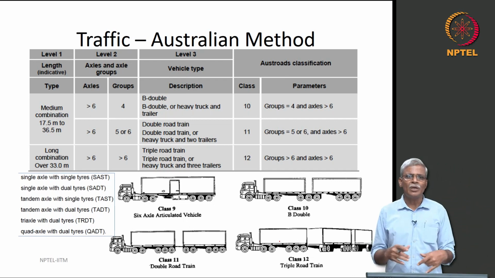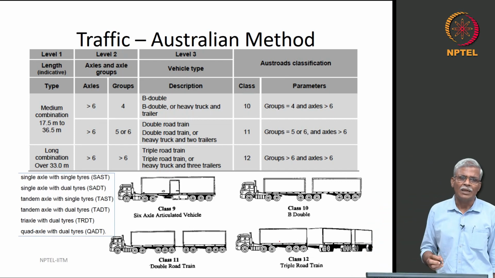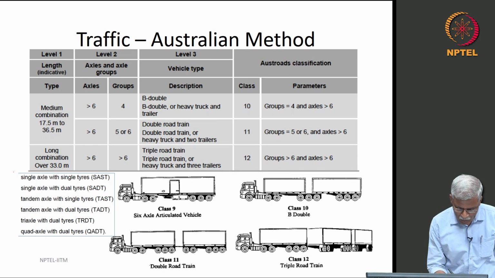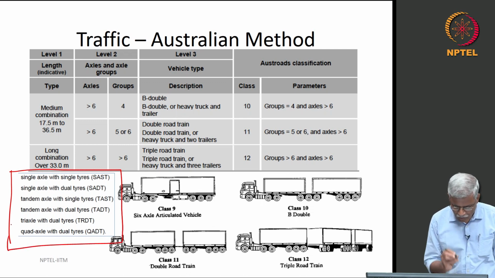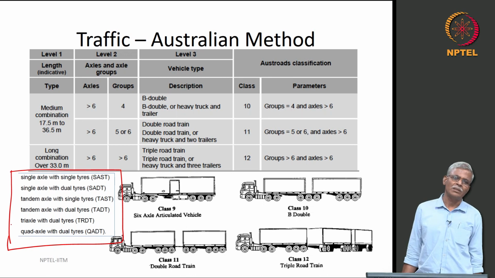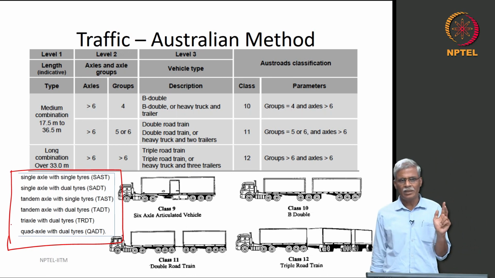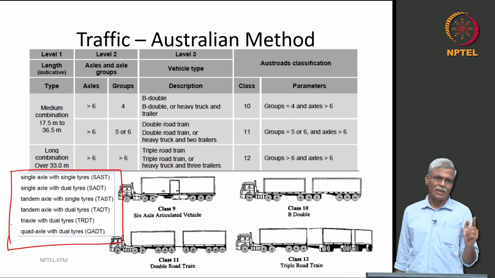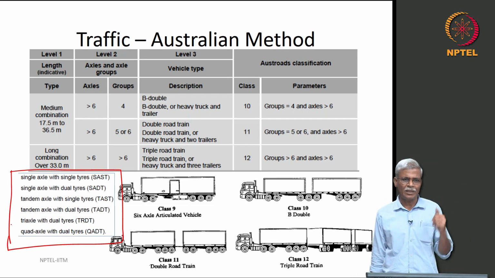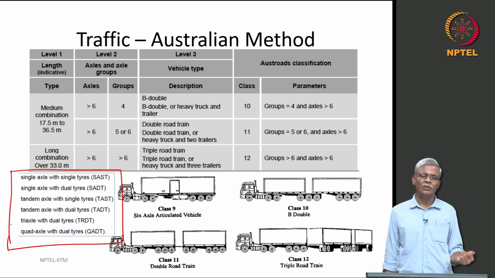So, to just give you an idea, I have shown you the traffic, how it is handled in the Australian method. Now, focus your attention on first this portion. So, these are the various types of axles that are being considered: single axle with single tire, single axle with dual tire, tandem axle with single tire, tandem axle with dual tire, tridem axle with dual tire, quad axle with dual tire.